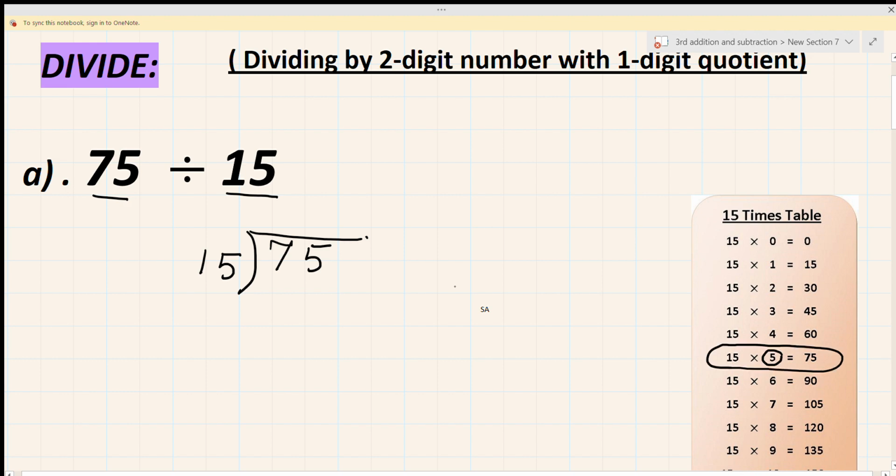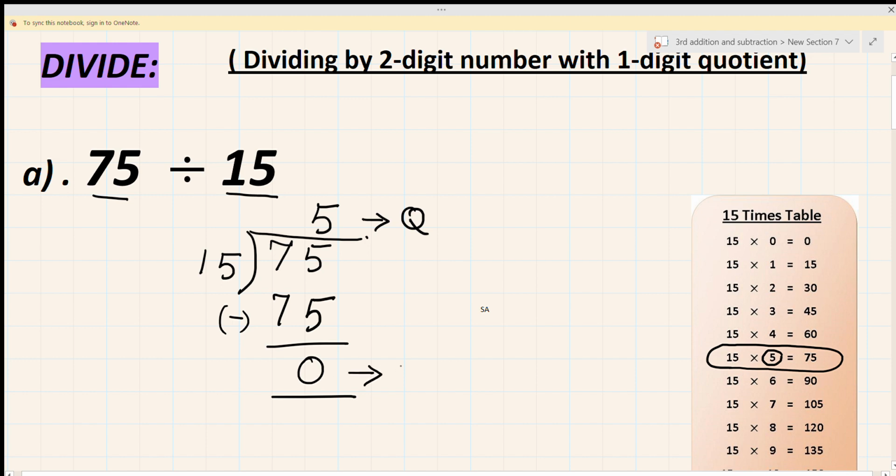So write 5 in the quotient, 75 below the number. Now we have to subtract 75 minus 75. If you subtract the same number, we will get 0. So here the quotient is 5 and the remainder is 0.